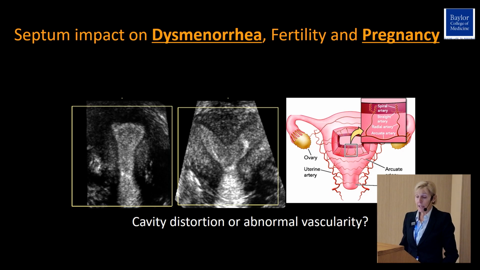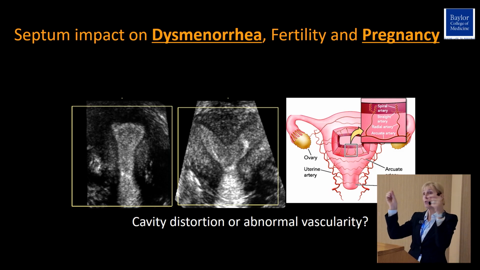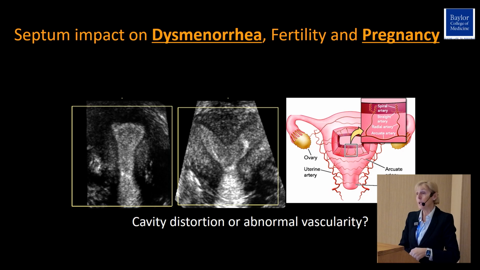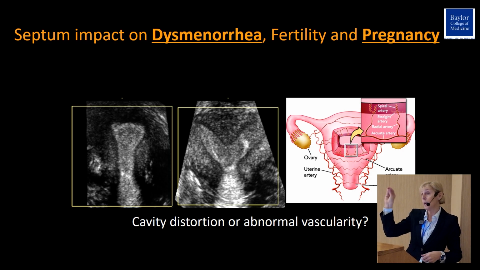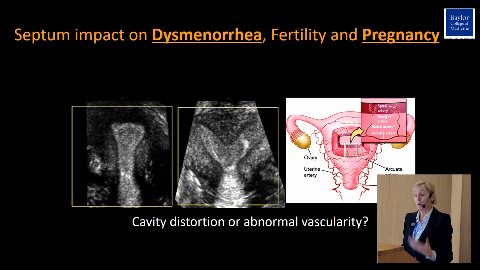So what I attempted to explain was that if the pregnancy implants at the level of the septum, then it's much easier to have a miscarriage, because at the level of the septum we don't have the spiral arteries that grow inside the endometrium, and so the placentation of that pregnancy is not optimal.